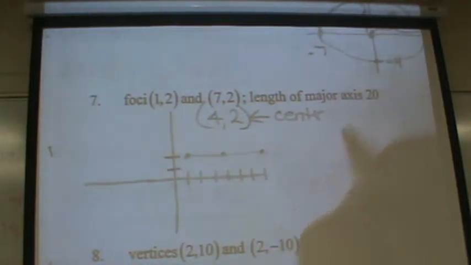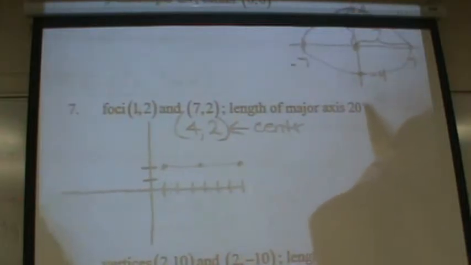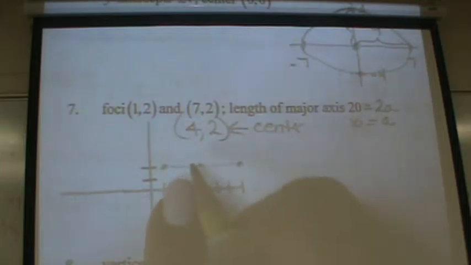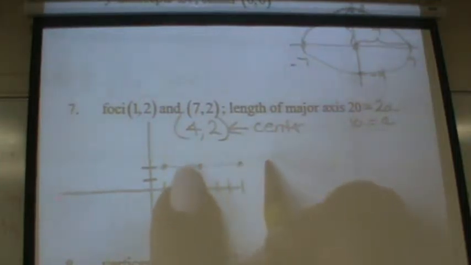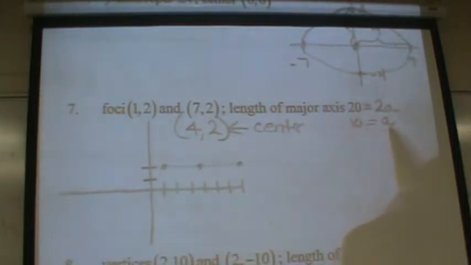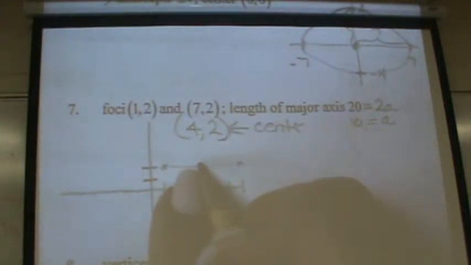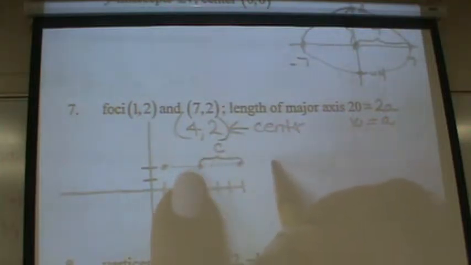Now, what do you know about the major axis? It is equal to 2A. So what's A? 10. You got it. So from here to here is C, and from here to here is going to be your A value.